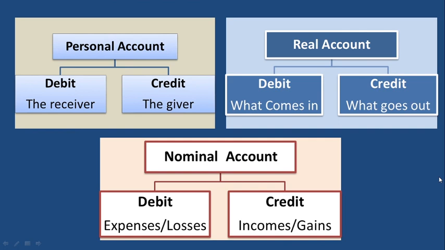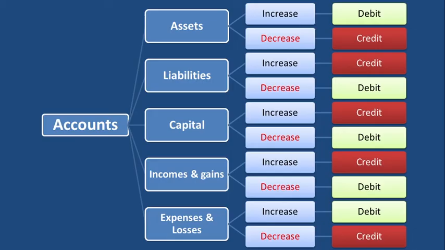For nominal account, all expenses and losses are debited, all incomes and gains are credited. Furthermore, by classifying transactions into five different accounts: assets, liabilities, capital, incomes and gains, and expenses and losses. Let's see all of them one by one.